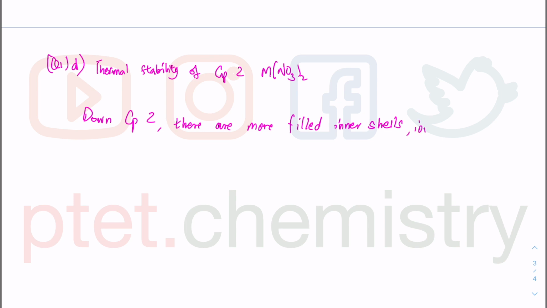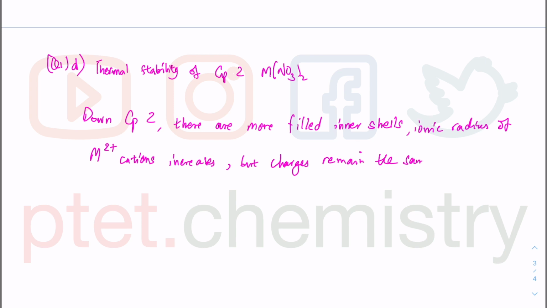So ionic radius of the M2+ cations increases as you go down, but the charges remain the same. The charges remain the same as +2. Size is getting bigger, charge remains the same.